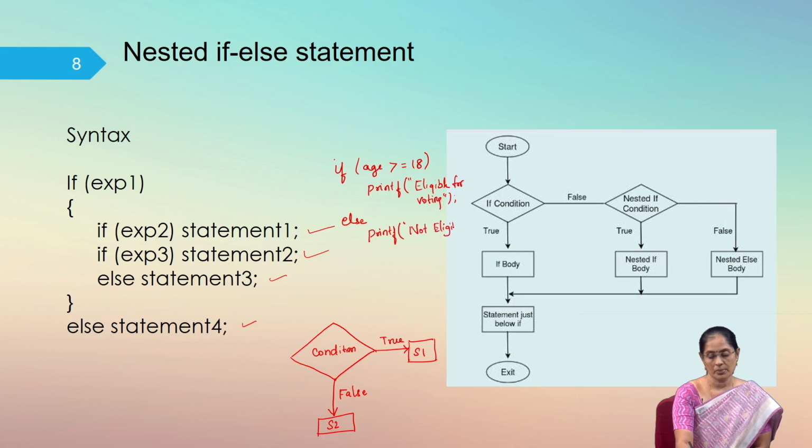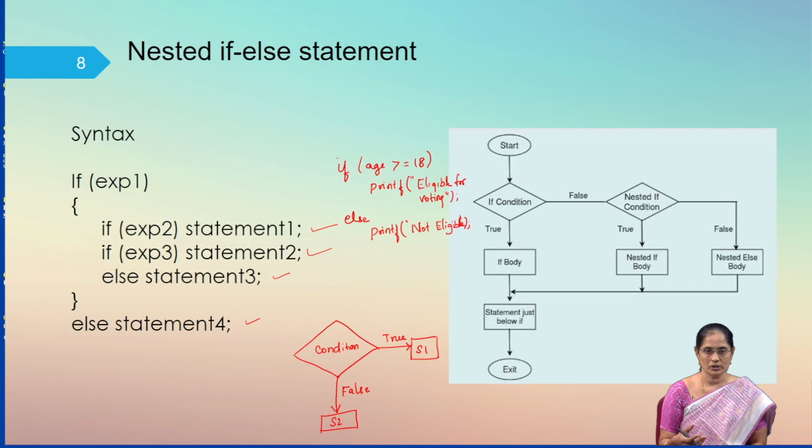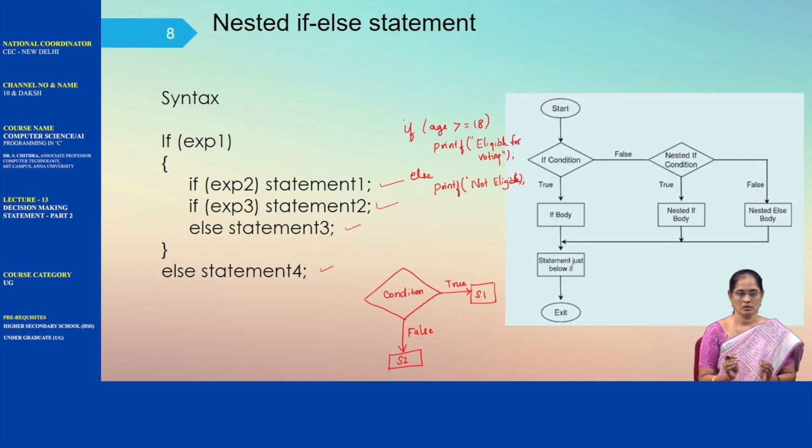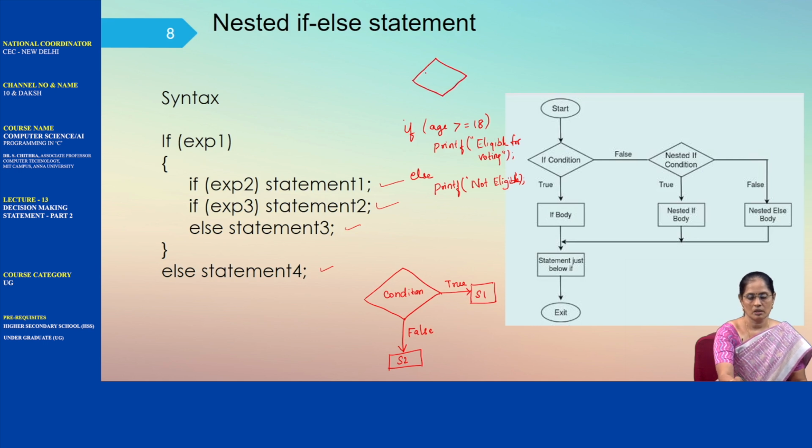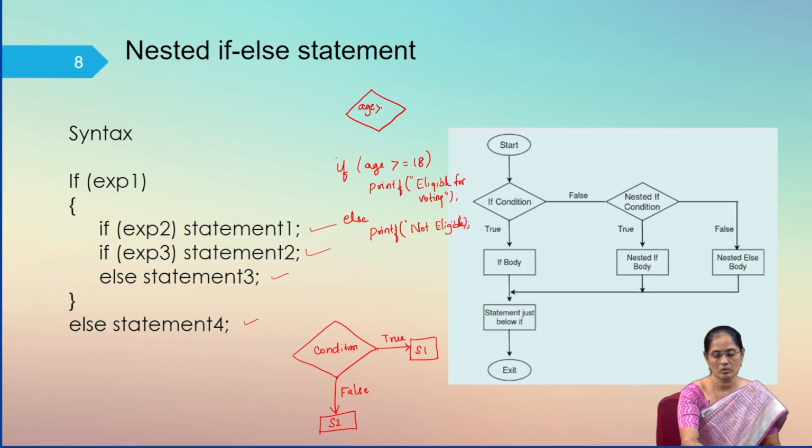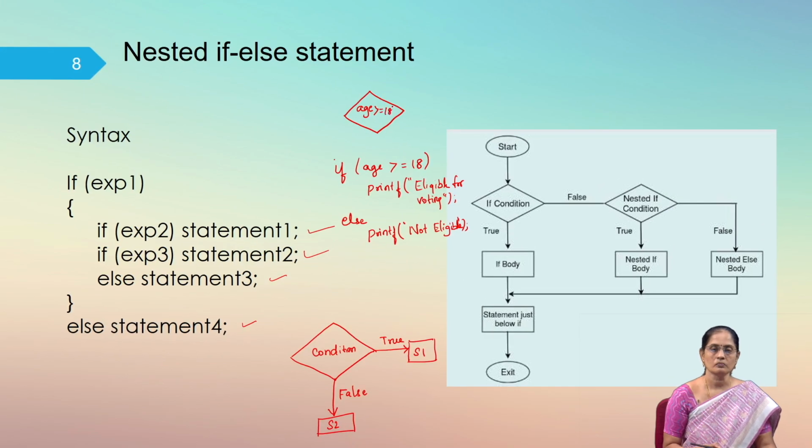So, this is a simple if else structure, which I want to convert to a flow chart or flow diagram. How do I do it? Let me take age greater than or equal to 18 as the condition.